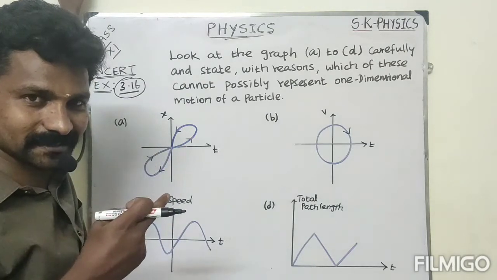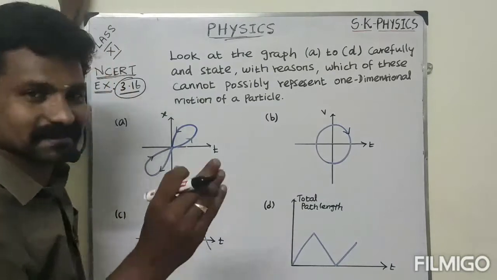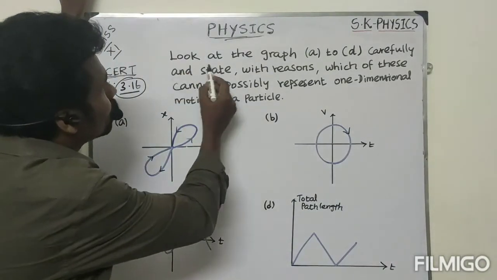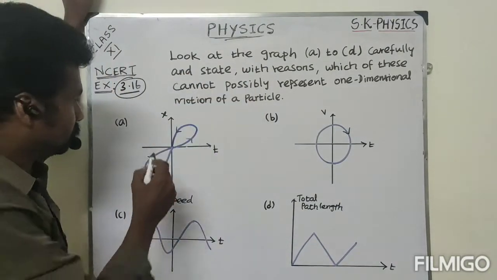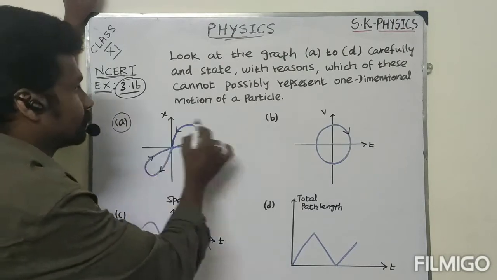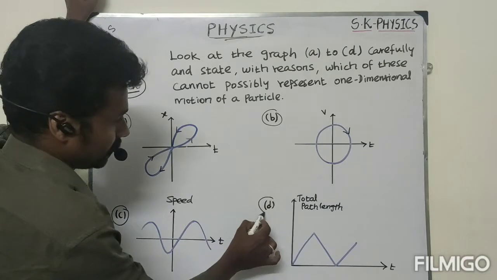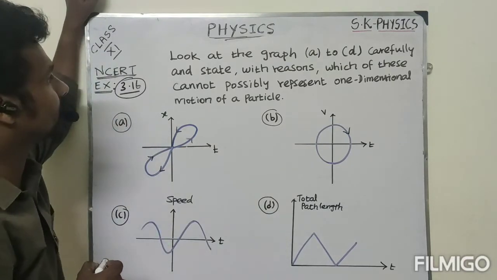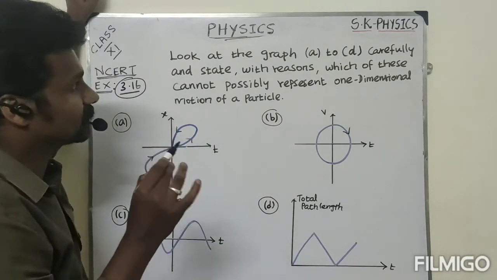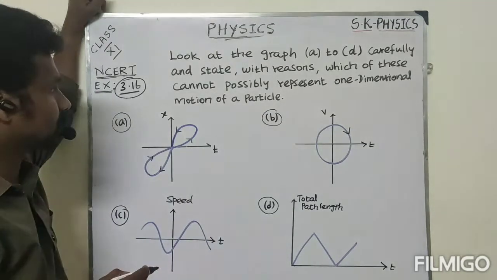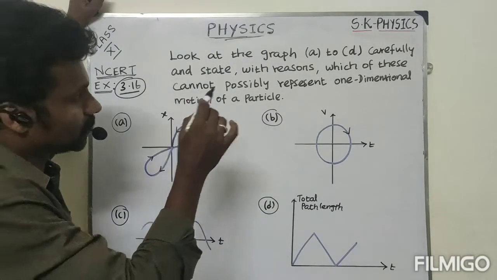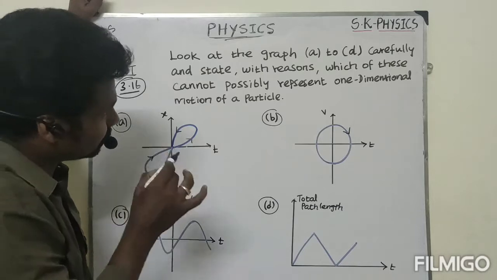Shall we do it? Please look at graphs A to D. Four graphs are given. State with the reason, carefully.